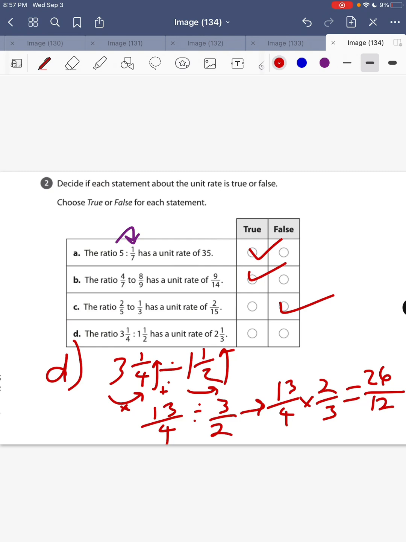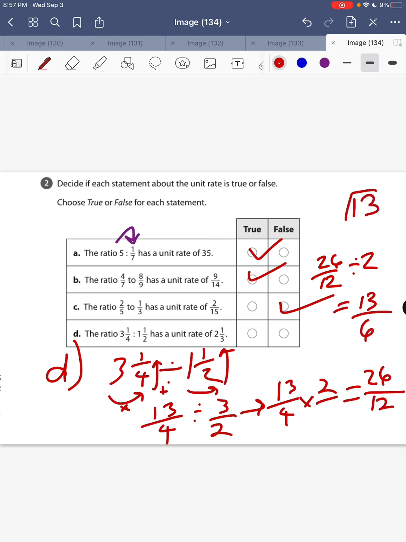Okay, those can both be divided by 2, so we can say that's the same as 13. Let me rewrite that. Just reducing this, divided by 2 is equal to 13/6. Okay, we maybe still can't tell. We could do long division.